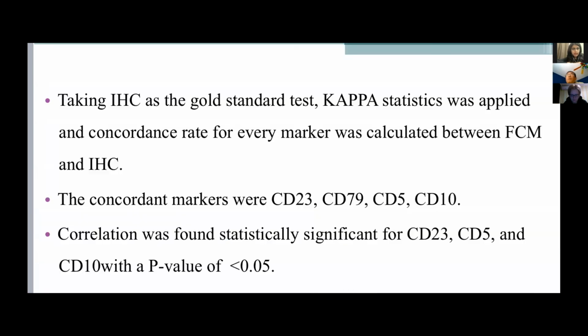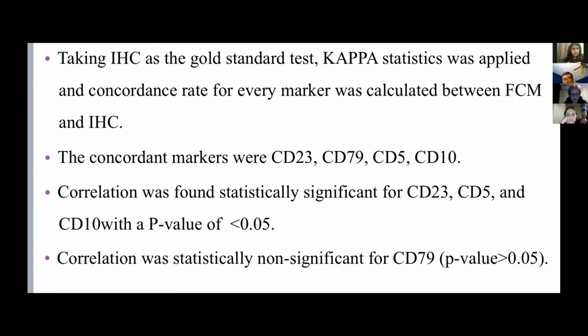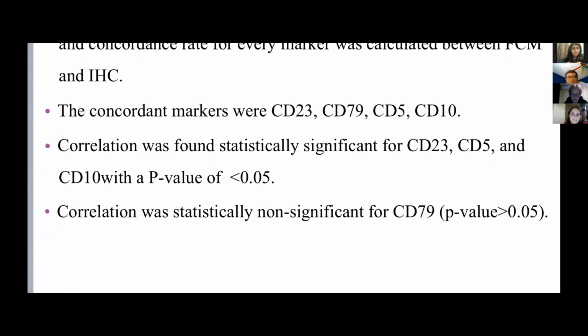So taking IHC as the gold standard test, kappa statistics were applied and the concordance rate for every marker was calculated between flow cytometry and IHC. And the concordant markers, as I already told you, were CD23, CD79, CD5, and CD10, with statistically significant results for CD5, CD23, and CD10 with a p-value of less than 0.05.